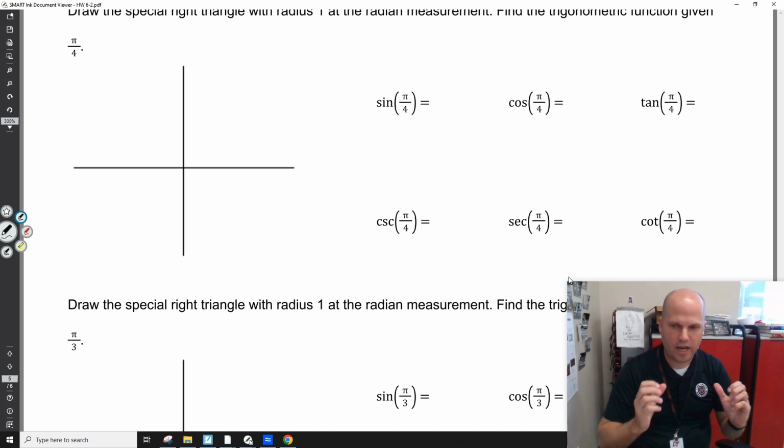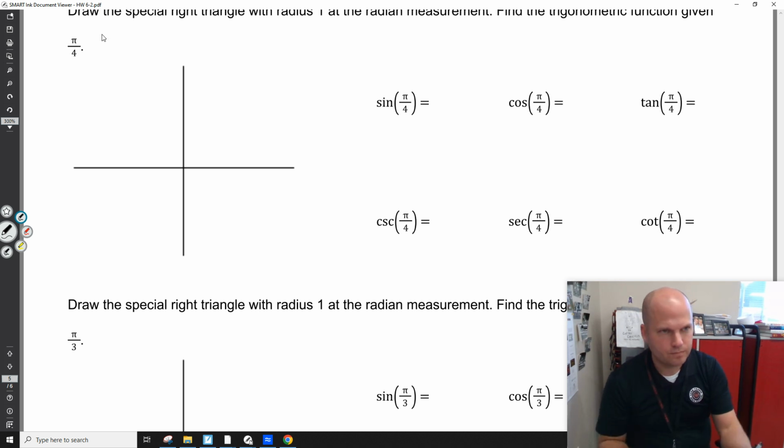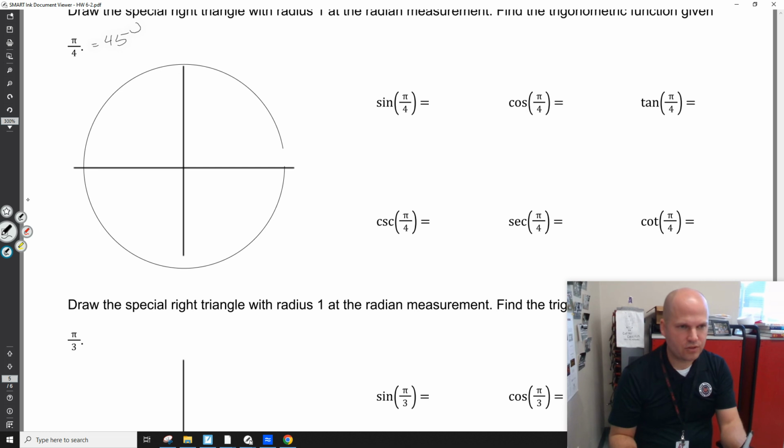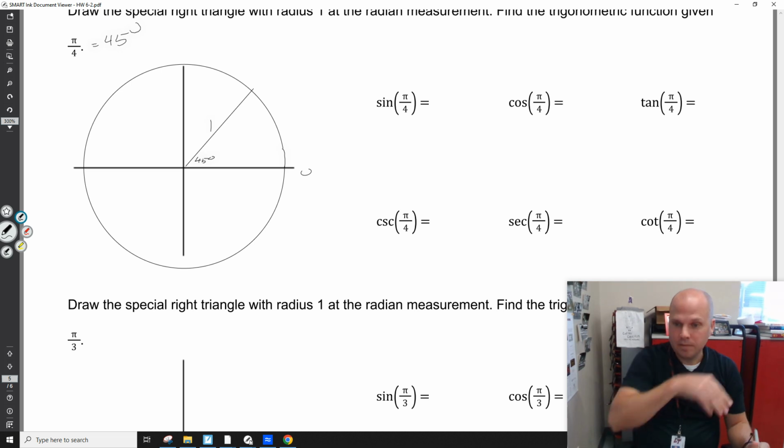We are putting triangles inside of a unit circle. Pi over 4, 45 degrees. Oh, I know a 45, 45, 90 triangle with a radius of 1. Radians are arc lengths of a circle with a radius of 1. Pi over 4, starting at 0, 45 degrees reference with the x-axis, hypotenuse of 1.